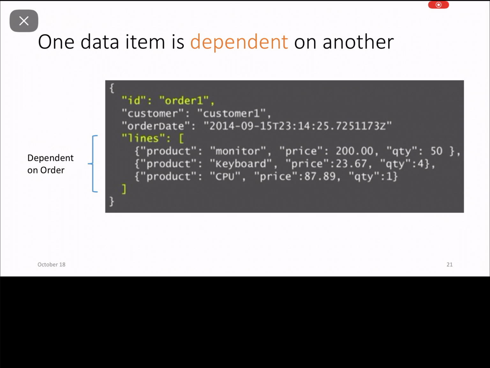Who's purchasing this? You need the information of the purchaser, which is inside the order. So the lines are dependent on the information of the order. Only then can you charge the customer and get money from the selling of this monitor, keyboard, and CPU. So in this situation, you should always use embedding.